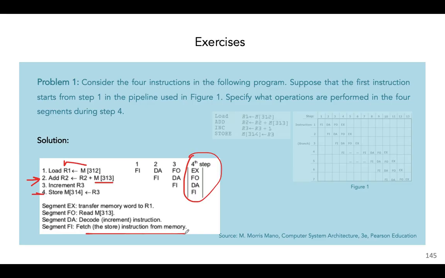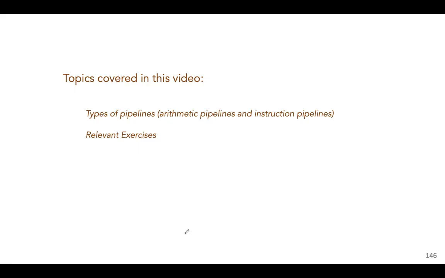Now we're going to take a look at some more examples, problems for this specific instruction pipelining, but for that we still need to go over some important concepts. So once we take a look at those, we will return to this original concept of instruction pipelining. For now, this is it. And just a quick recap. We've talked about 2 kinds of pipelines in this video: arithmetic pipelines and instruction pipelines, and then we took a look at some relevant exercises.